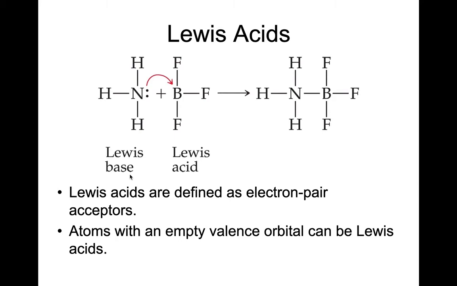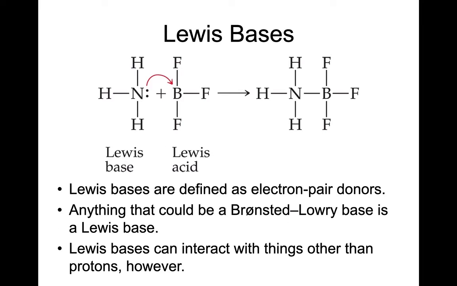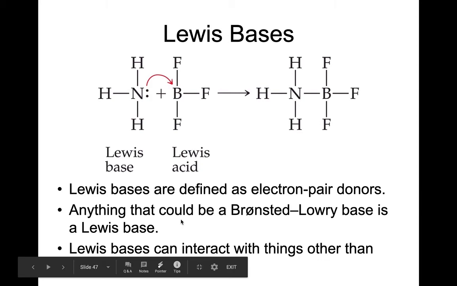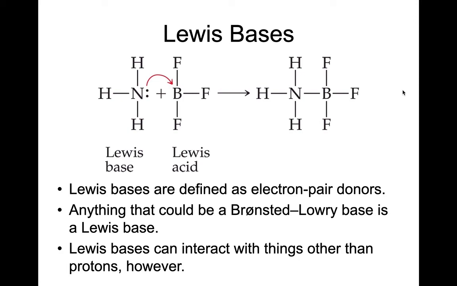Electrons were donated and accepted. The base, again, was the donor here. So anything that could be a Bronsted-Lowry base is a Lewis base, but the Lewis definitions can include other things as well.